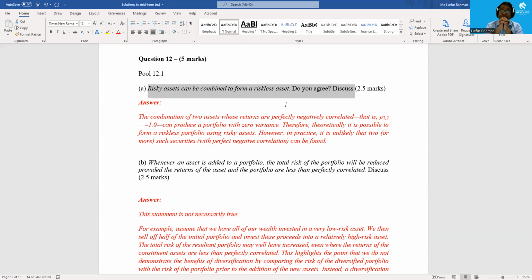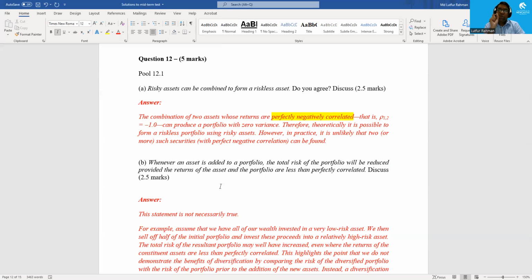Now, theoretically, it's possible, yes, because if you have 2 assets, and if these 2 assets are perfectly negatively correlated, this point is the most important part in this answer. I observed that some of you mentioned that if they are perfectly correlated, or if there is a lack of perfect correlation.